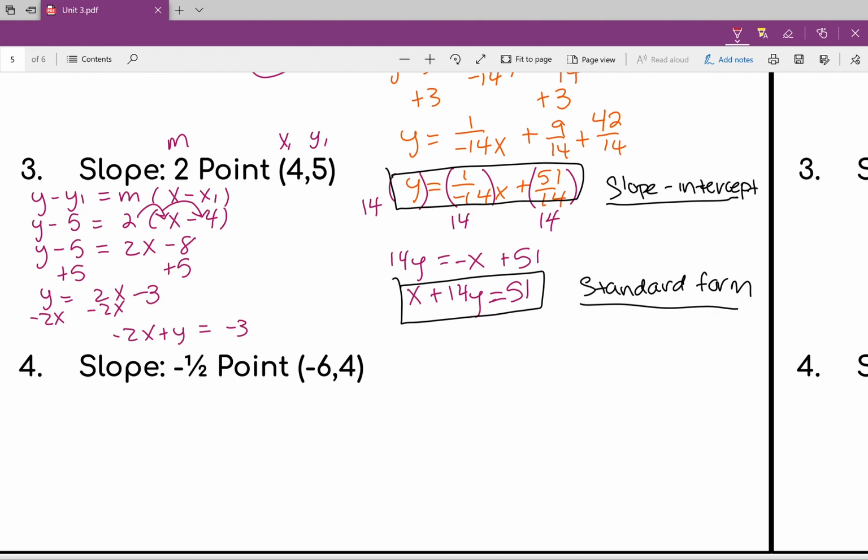I'm going to times everything by -1 to get rid of that negative in the front. So I get -1 times -2x, which is 2x, -1 times y, negative y, equals -1 times -3, which is 3. So here I have my point slope.